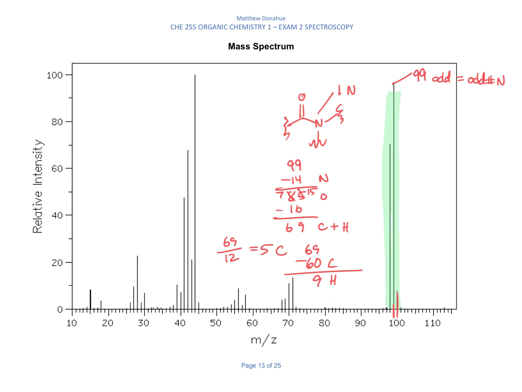And we do need an odd number of hydrogens if we have an odd number of nitrogens. So 5 is telling us there's 5 carbons, and we already know 1 belongs to the amide, so we have 4 more to deal with. Right now what we're at is C5H9NO in terms of a working molecular formula.